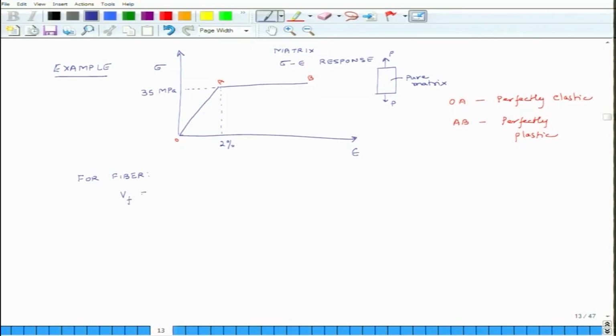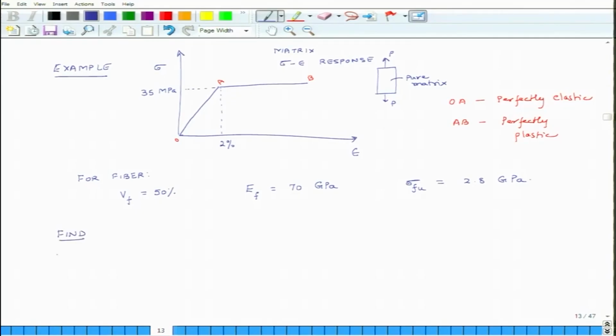Volume fraction of the fiber is 50%, Young's modulus of the fiber is 70 GPa, and the breaking stress, the strength of the fiber, is 2.8 GPa.